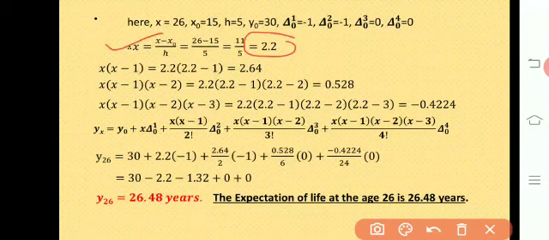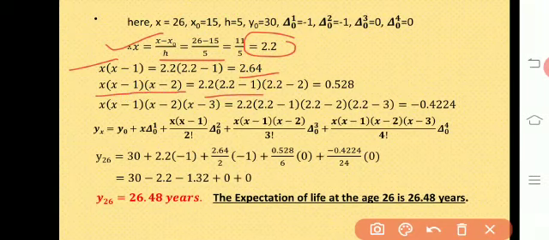Further, we require x into x minus 1. So 2.2 into 2.2 minus 1 you will get 2.64. Then x into x minus 1 into x minus 2 is equal to 2.2 into 2.2 minus 1 into 2.2 minus 2. If you simplify this, you will get 0.528.